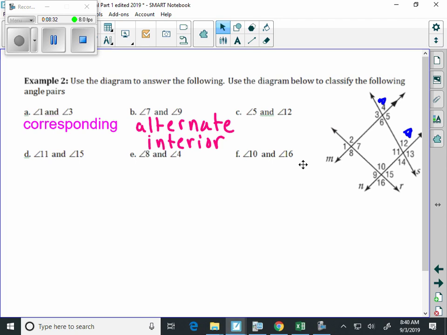Angle 5 and angle 12. They're in between the parallel lines and they're on the same side there. So we can say that these are same side interior.